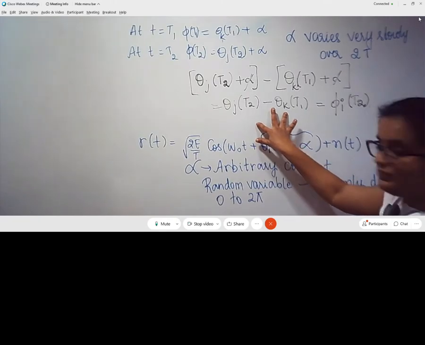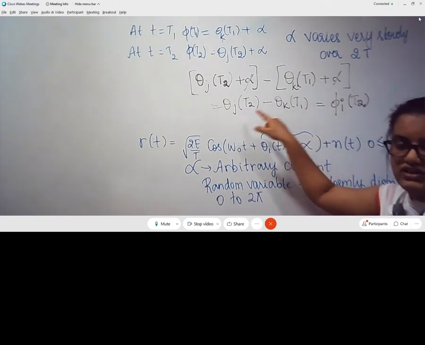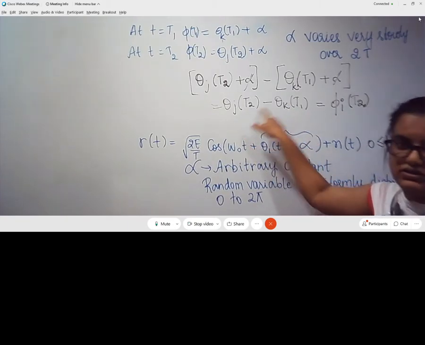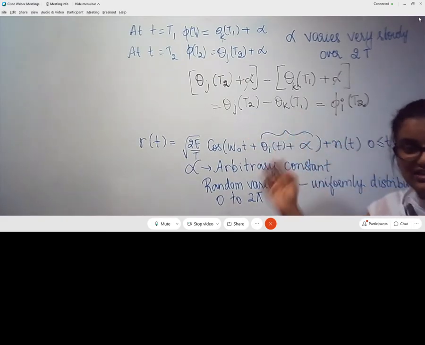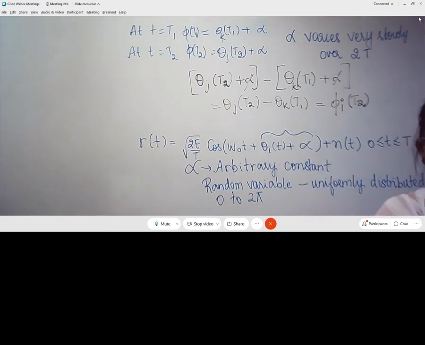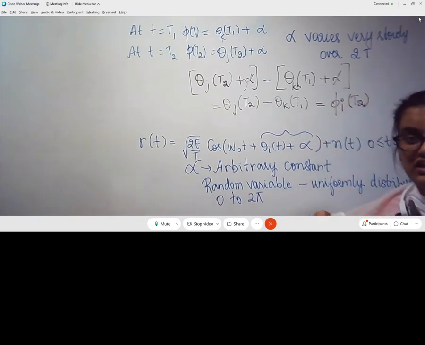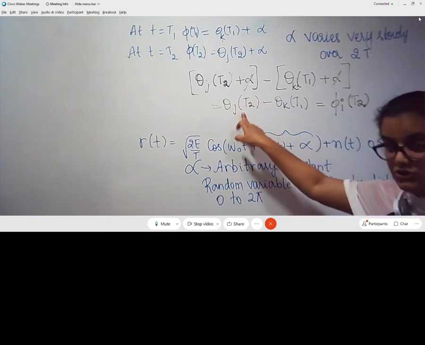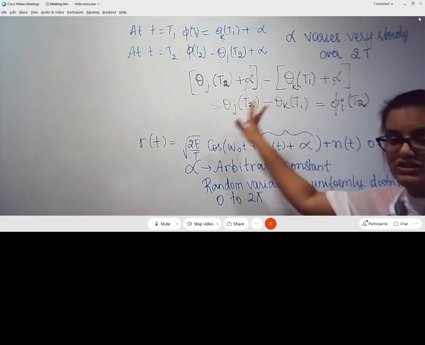If these two phases are 0 degrees apart, then I am going to assign a bit 1. If they are 180 degrees phase apart, then I am going to represent it with bit 0. So like that I can embed the information not in the absolute phase, rather in the differential phases.